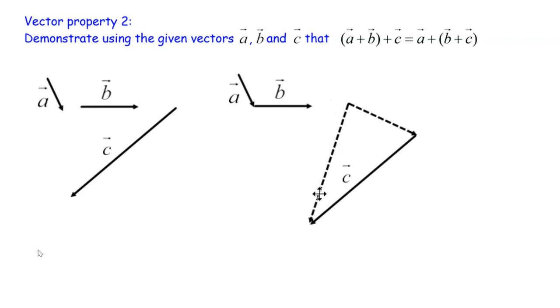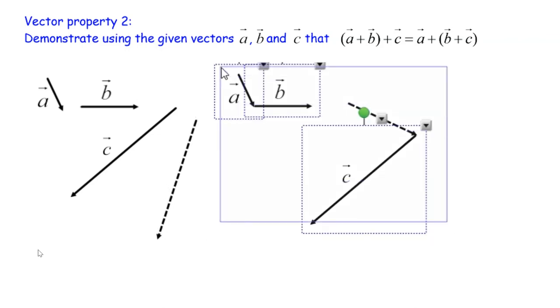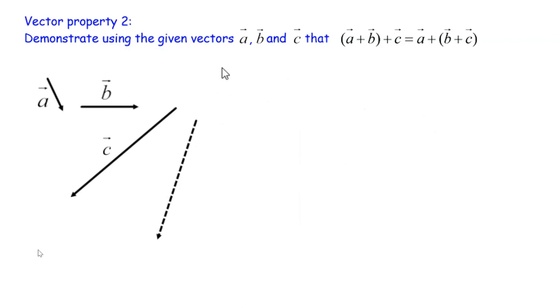So that dotted line, which is going very steeply down, is the result of the A plus B first, followed by the C. Now let's put that aside for a bit and get rid of all of this stuff here. Let's take the B plus the C first. So here's my B.